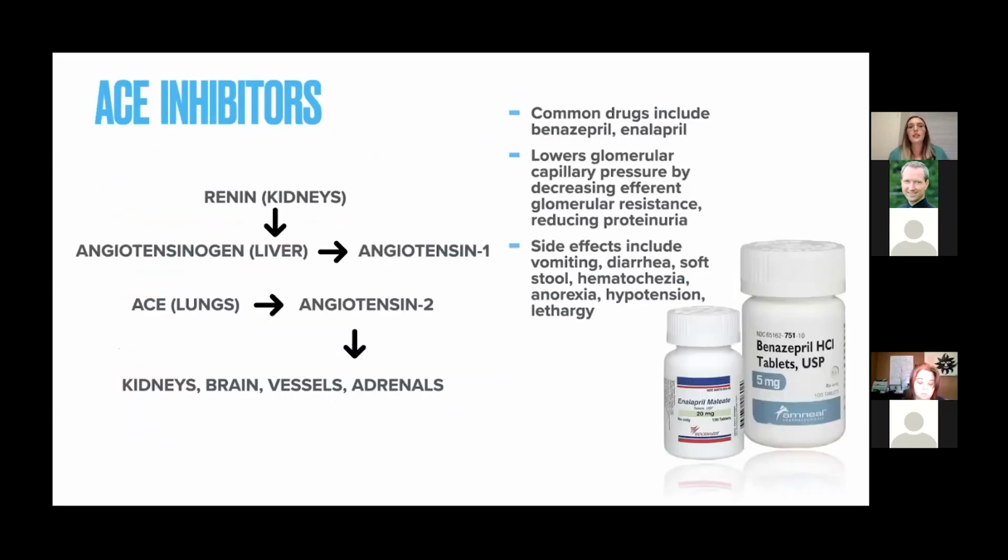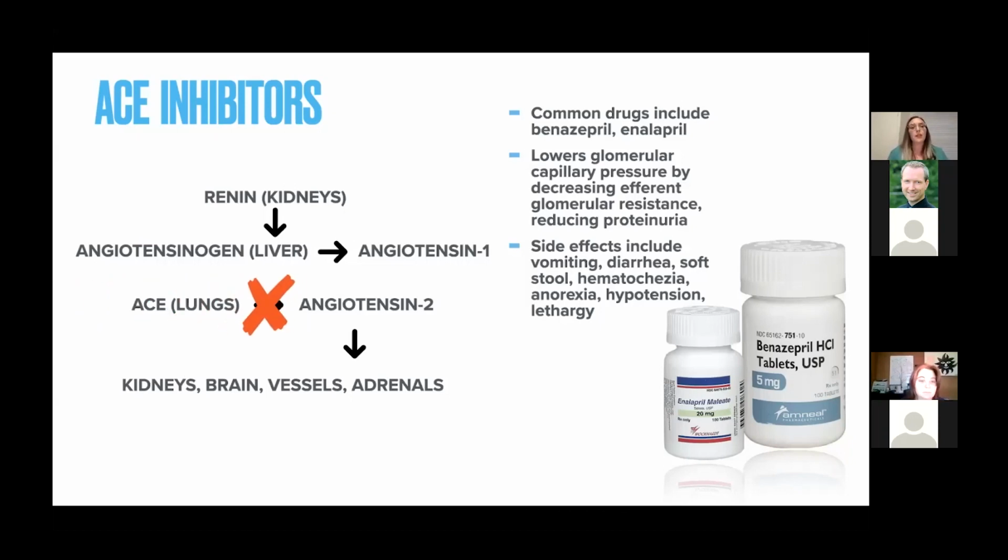First off, our ACE inhibitors. I know for the longest time I was like, oh, ACE inhibitor. And then I realized what ACE was, and I was like, oh my gosh, it's all coming together. So with our ACE inhibitor, our angiotensin converting enzyme, we're inhibiting that. So this is going to be our enalapril and benazepril drugs, okay?